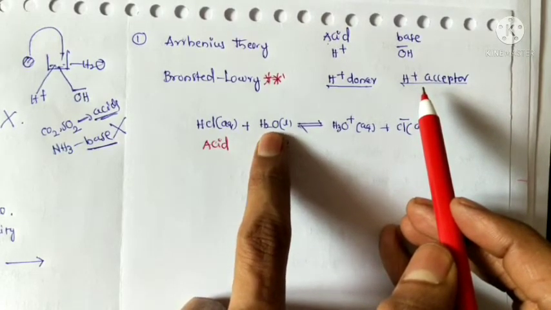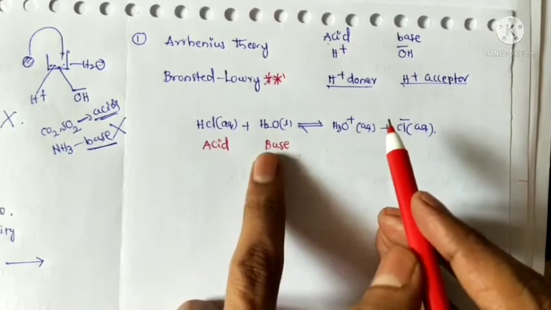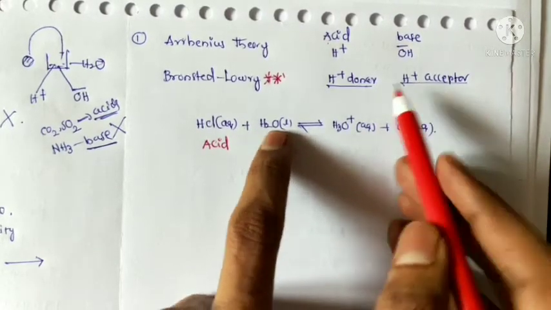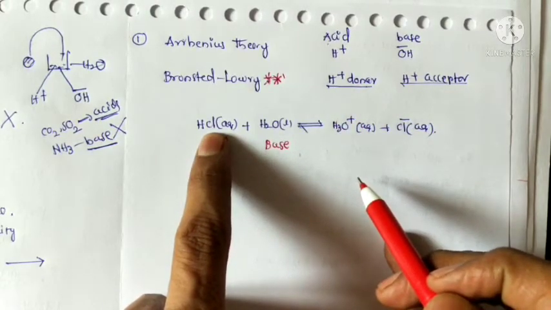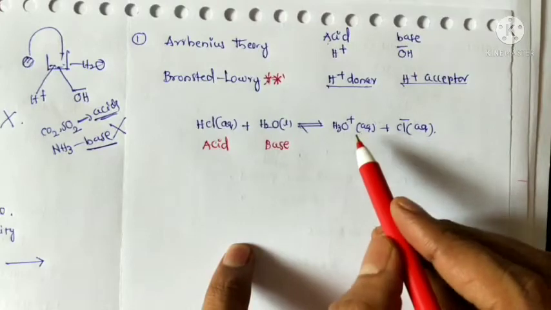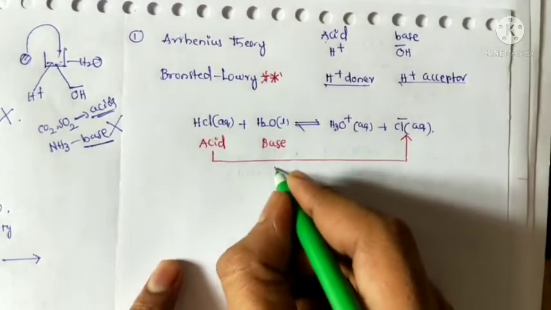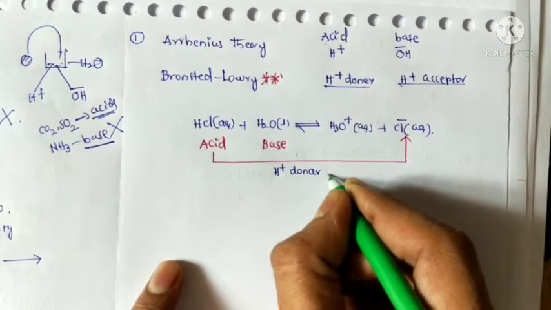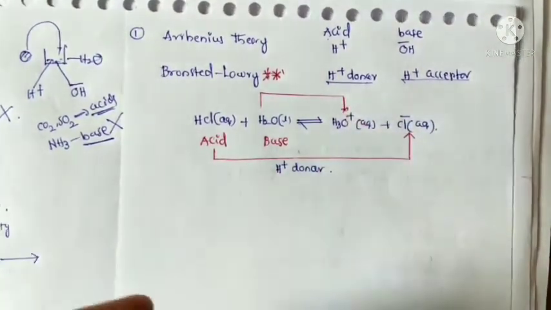After accepting H plus, H2O is converted into H3O plus, the hydronium ion. That's why it is a base. Base means H plus ion acceptor; acid means H plus ion donor.